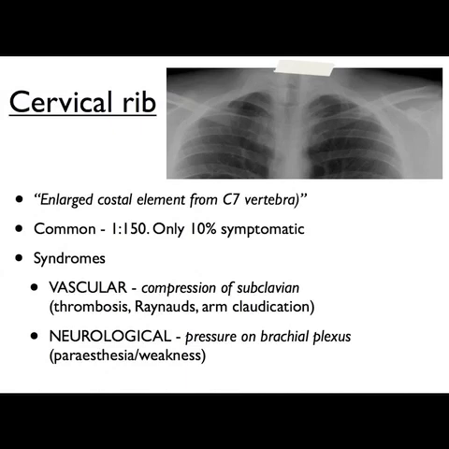The vascular syndromes tend to result because of compression of the subclavian artery and vein, leading to thrombosis, Raynaud's phenomenon, and often claudication within the arm. Neurological phenomena result from pressure on the brachial plexus, which is made up of nerve roots from C5 to T1. This leads to varying degrees of paresthesia and weakness within the hand particularly.